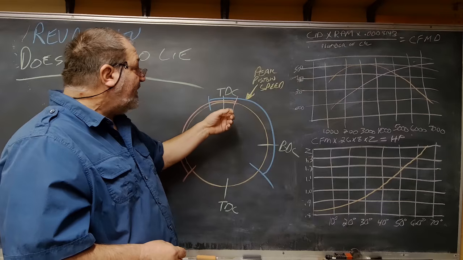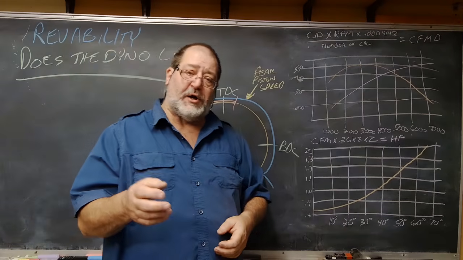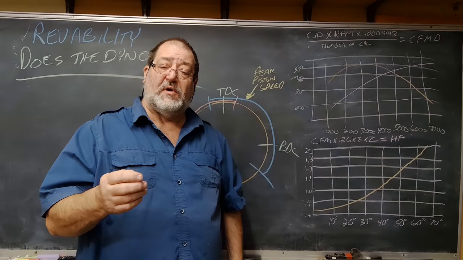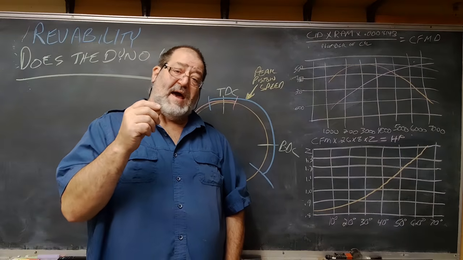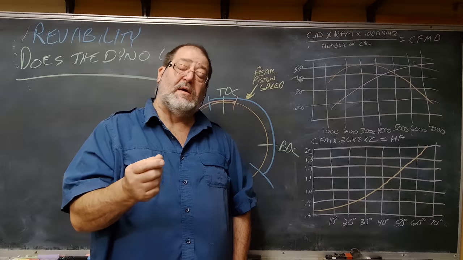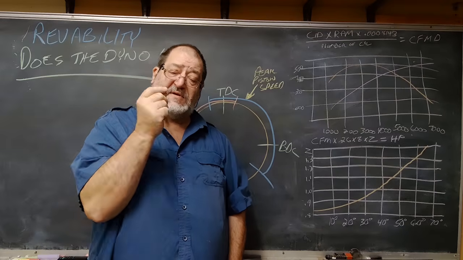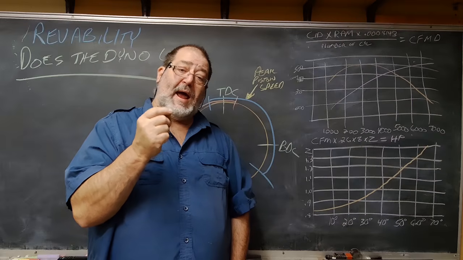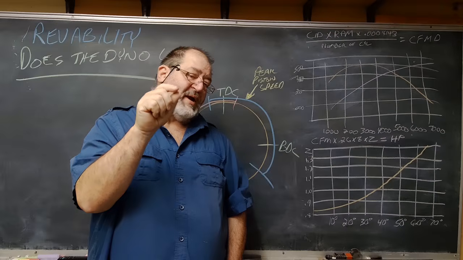Now you can take 74 degrees, 75 degrees, wherever your stroke actually puts peak piston velocity, and you can take that piston speed and calculate that instantaneous air that's needed. And that's just a minute moment in time.